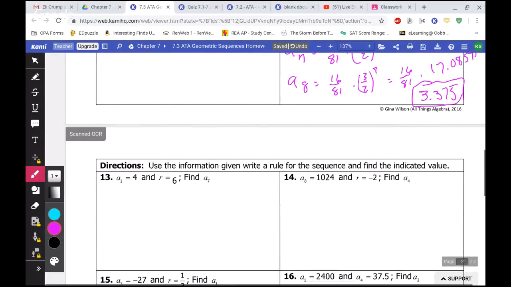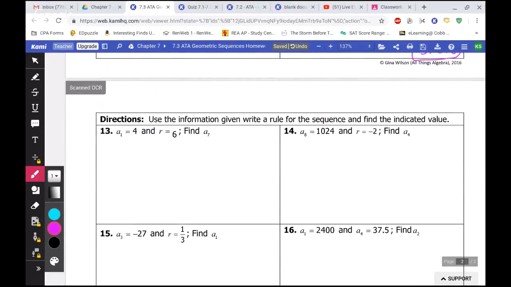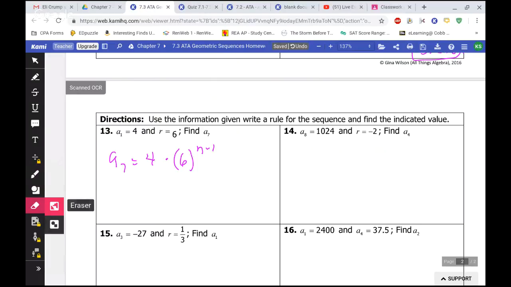Okay. Now, for this one, these are really easy when they're geometric because it's asking you to find a to the 7th. You have the first number, which is 4, and the common ratio, which is 6. So then you're just doing 7 minus 1 right here.